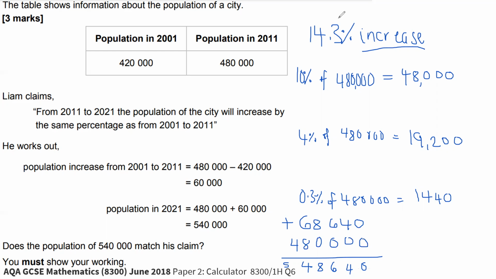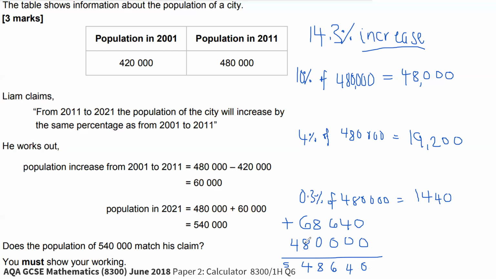Again, you might have to go to smaller decimal places, but I would encourage you to round it here, or even just to 14%. And the important thing is that you notice that you've got 548,640, and it's asking you, does the population using this percentage method match his claim that it's going to be 540,000?